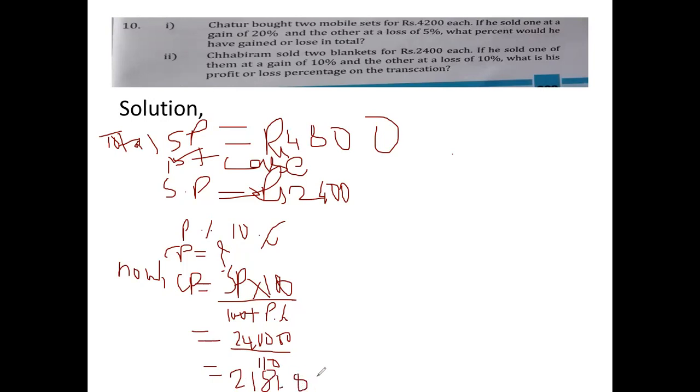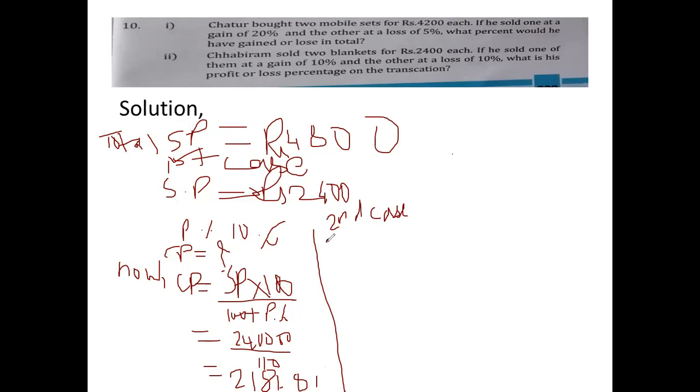2181.81. Okay. Similarly, use the formula for the second case also. In the second case, SP is 2400, but there is a loss percentage.